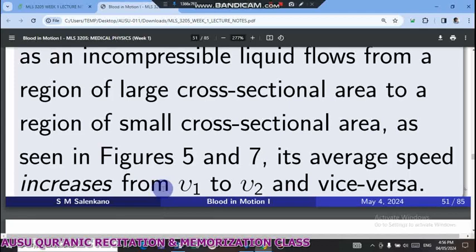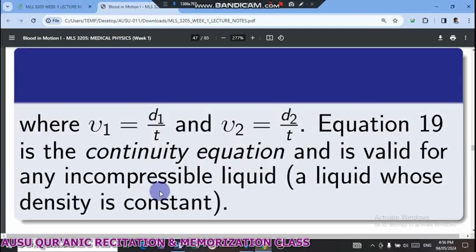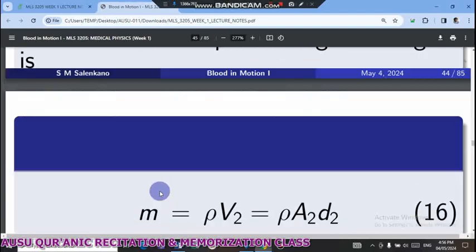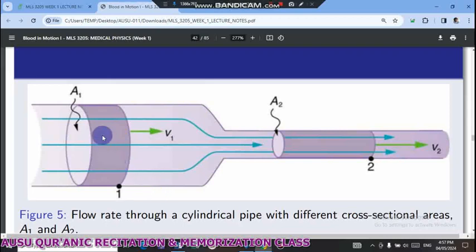Okay. When the area decreases, the speed will increase, and when the speed increases, the area will decrease. The area and the speed are in inverse proportion. If one of them increases, the other will decrease. And we can understand this from this diagram here. Can you see here?